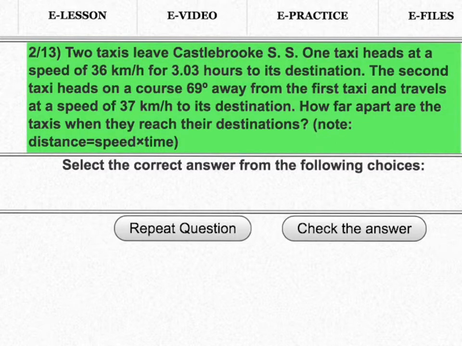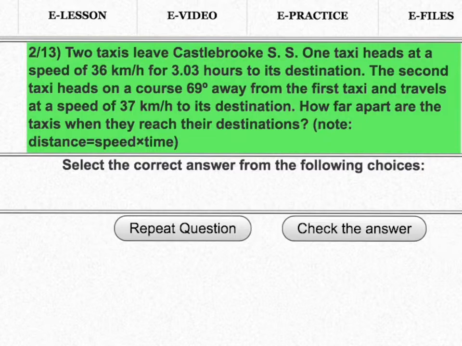Okay, next question. You have two taxis, they leave Castlebrook Secondary School. One taxi heads at a speed of 36 kilometers per hour for 3.03 hours to its destination. The second one goes at an angle of 69 degrees away from the first taxi and travels at a speed of 37 kilometers per hour to its destination.